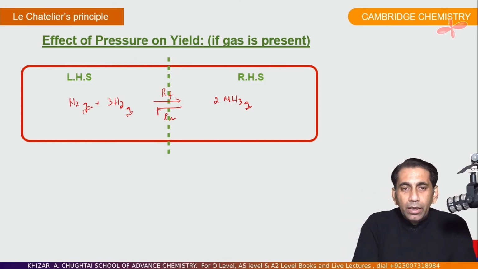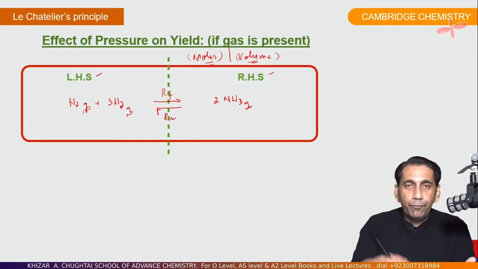So basically, the effect of pressure is based on the number of volumes or the number of moles of the gases on the left hand side and on the right hand side. The volume is important to see the effect of pressure on the dynamic equilibrium.